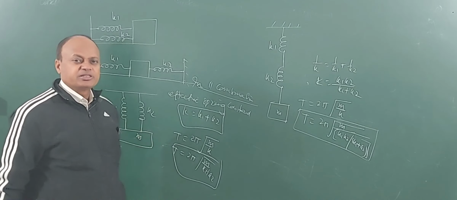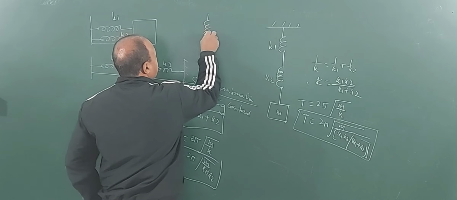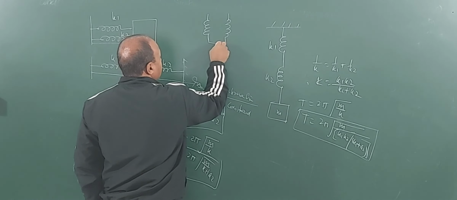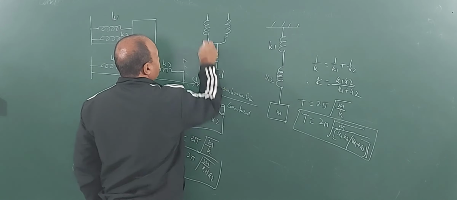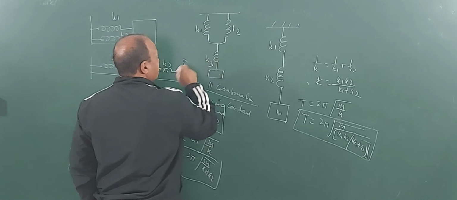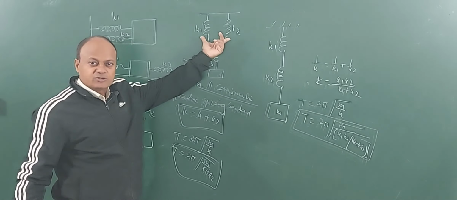If it is a multiple combination of springs, I can put like this also. I can put one spring like this, one spring like this, connect them here, and then I can connect another spring here, and then I can put the point mass. This is K1, K2, and this is K3. So this will be in what? Parallel, K1 plus K2.